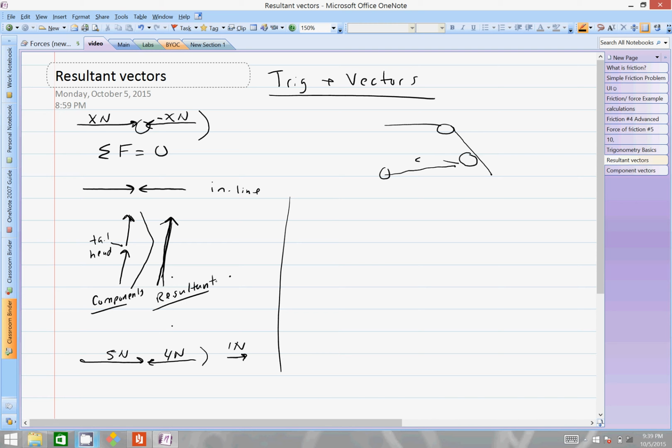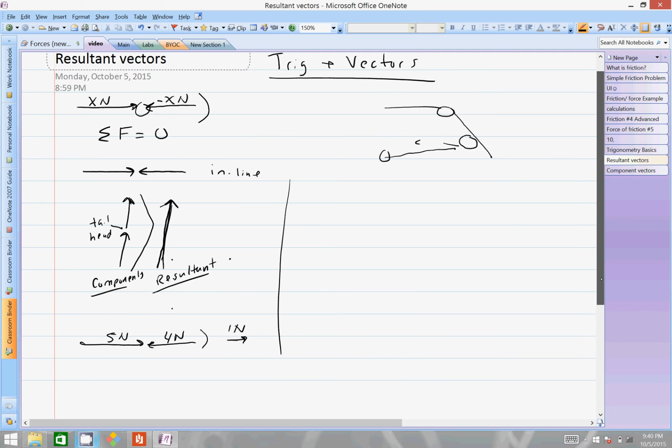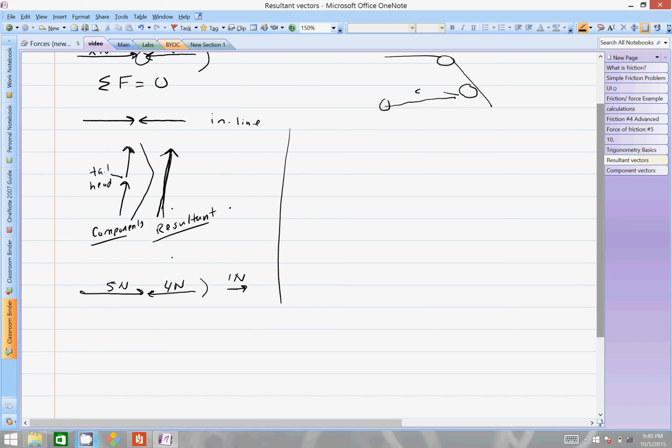I'm going to do some simpler examples, although it's not all that difficult to do anything more complicated. Say we have a vector of 5 Newtons going to the right, and another vector of 7 Newtons going straight up.